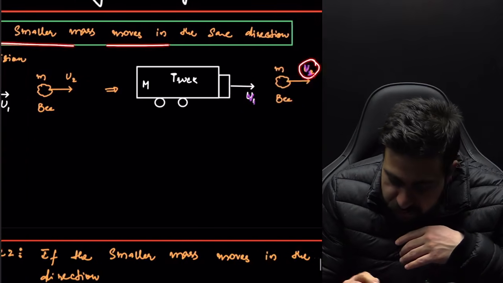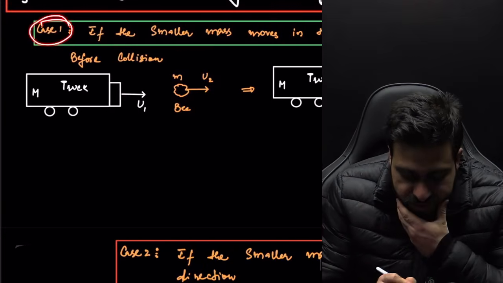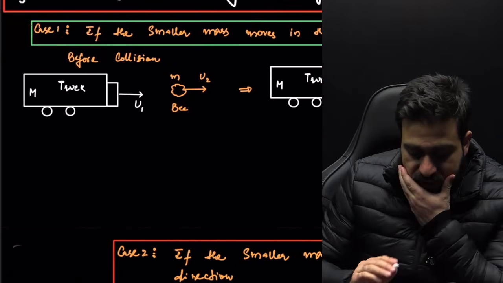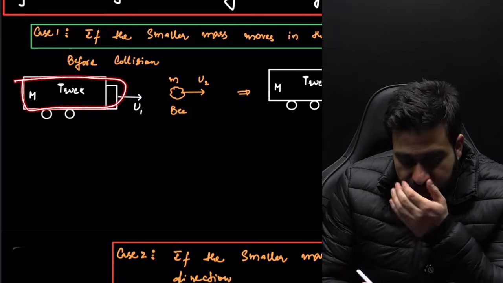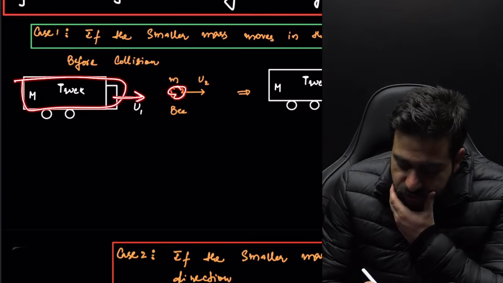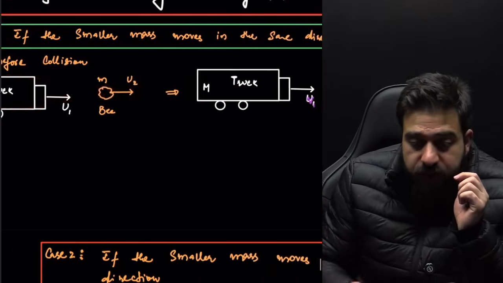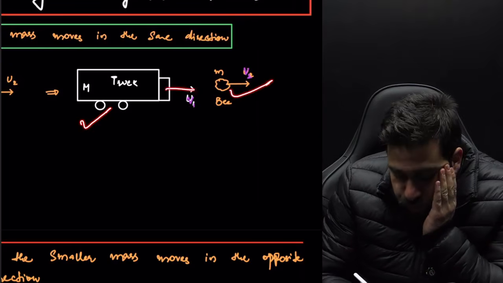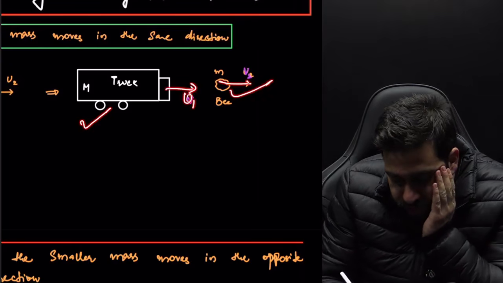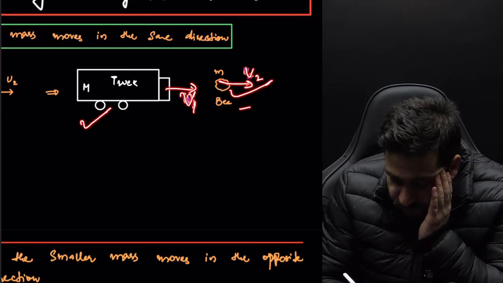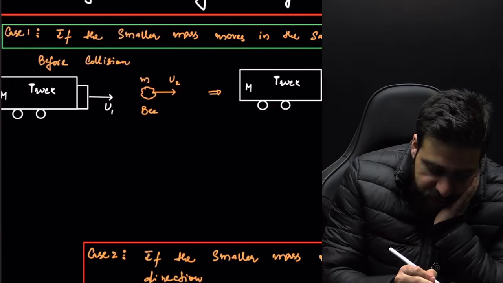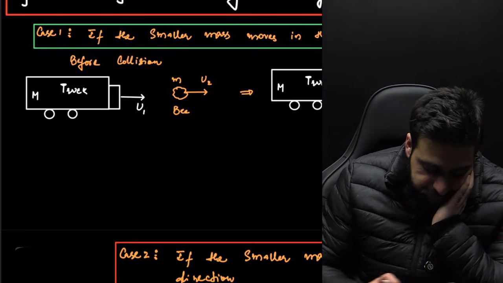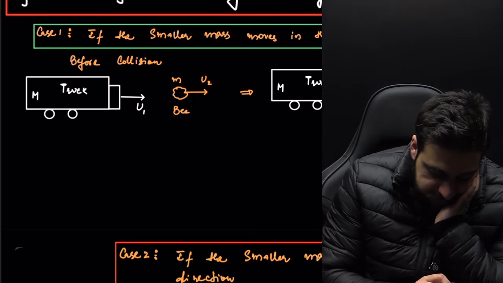Case 1: the smaller mass moves in the same direction. The truck is moving forward and B is also moving forward. When the truck strikes B, the truck moves with velocity v1 and B moves with velocity v2. My dear NEET aspirants, listen very carefully.